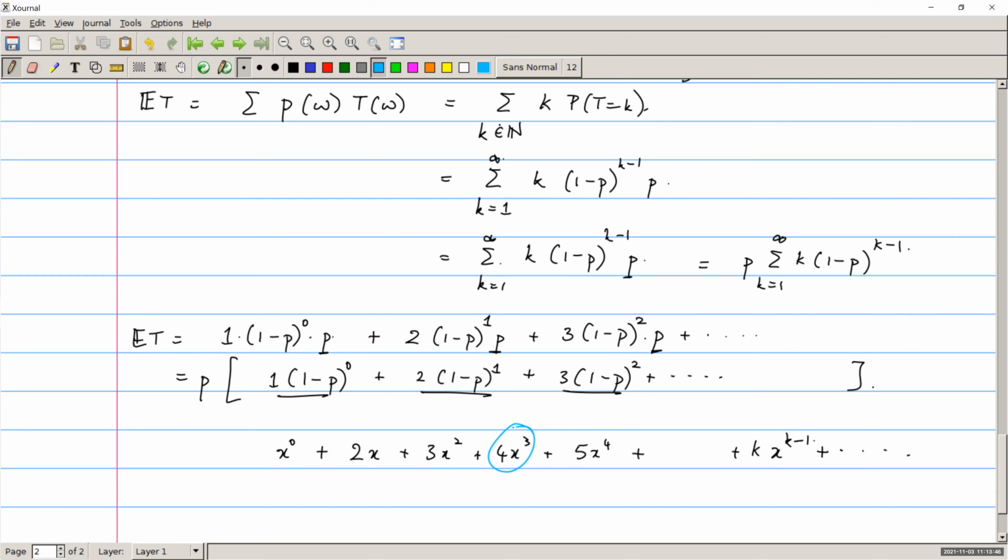Derivatives of x to the k, very good. So I'm going to write the real geometric sum here. The geometric sum in blue is 1 plus x plus x squared plus x cubed plus x to the 4 plus x to the 5, where the kth term is x to the k, and so on.